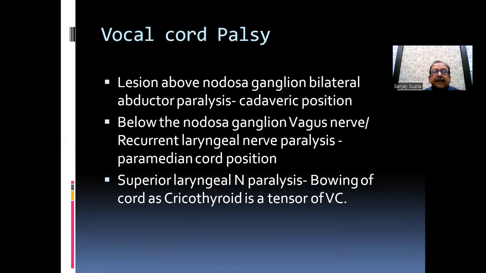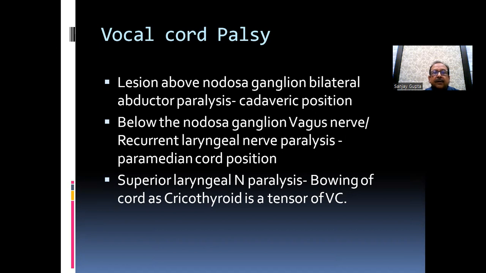Vocal cord paralysis may be classified as lesions above the nodosa ganglion, which result in bilateral abductor paralysis, and the vocal cords are in cadaveric position.